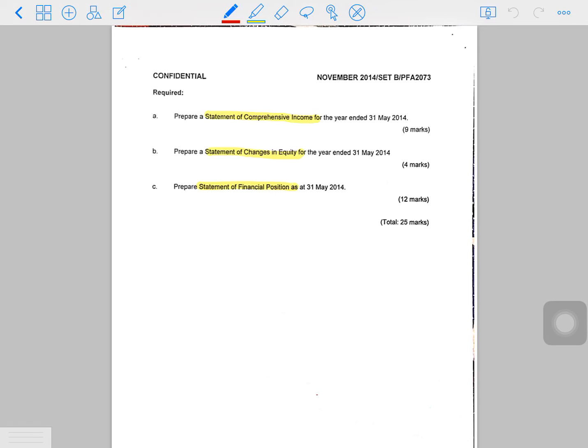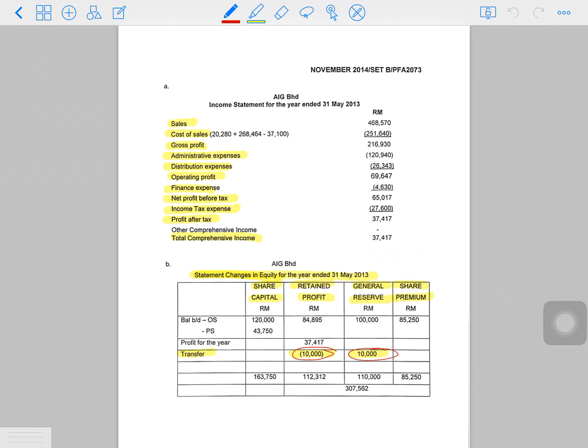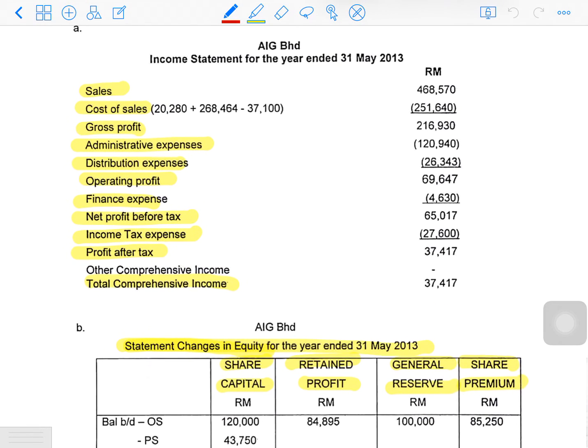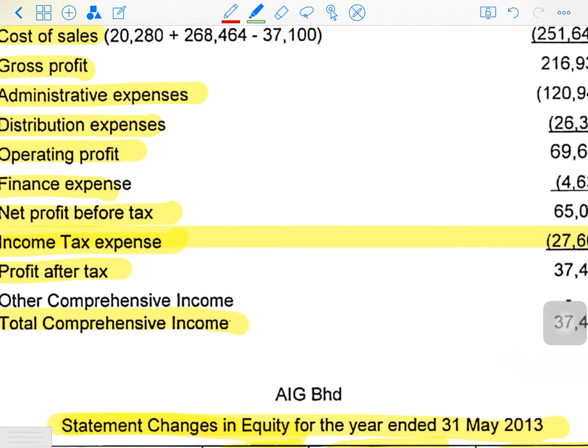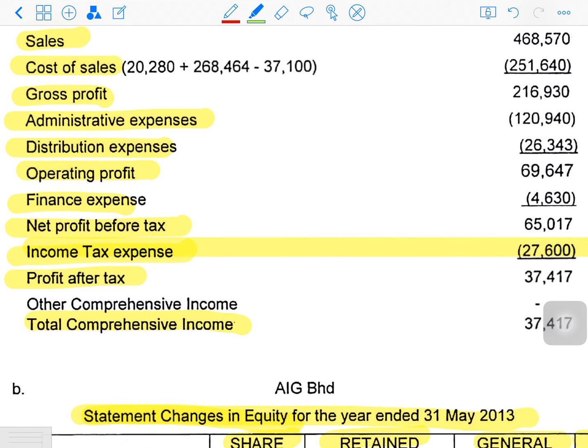So tax here will be in your statement of comprehensive income, income tax expense. This amount is 20,000 plus 7,600.